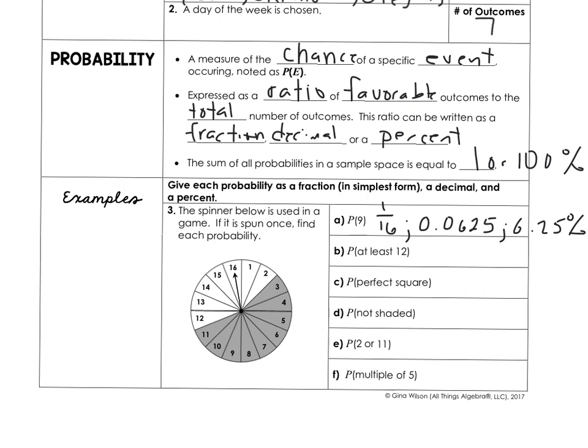Okay. Now what about the probability of at least 12? So if we think about the probability of at least 12, that would include 12, 13, 14, 15, and 16.